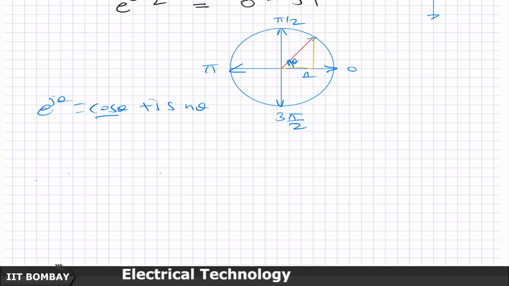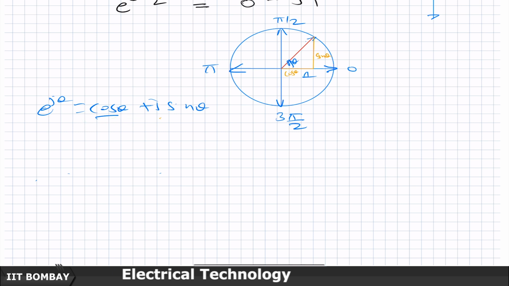This projection is cos of theta. The projection along the y axis, which is indicated by j sin theta, because sin theta is just a scalar and j has an angle of 90 degrees. So, this is the projection on the y axis, sin of theta. This is along the x axis, because the angle associated with it is angle 0.